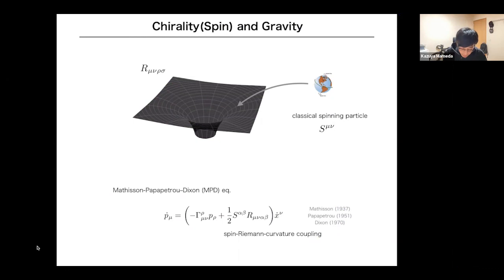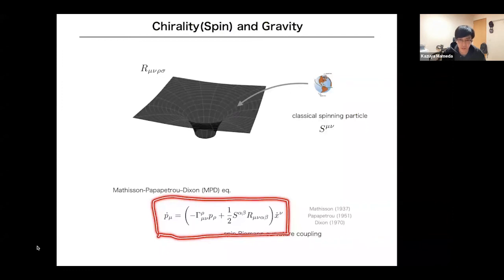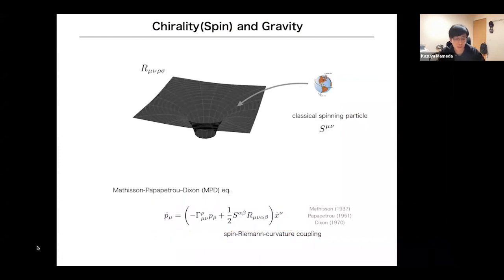But before our work, to my best knowledge, there was no explicit calculation to derive this equation from the quantum field theory. In that sense, we have first derived this equation from the quantum field theory. So is this an answer to your question?